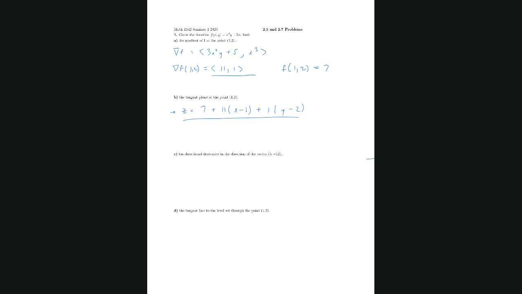So let me bring down the gradient. All right, so as in the one we did today, the first thing we need to get is the unit vector in the direction we want. So what is the length of this vector?